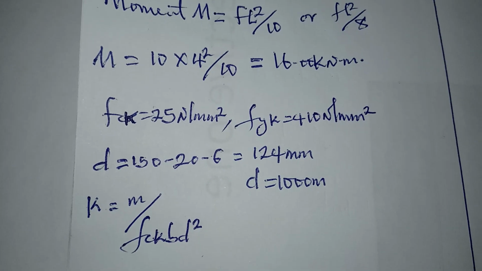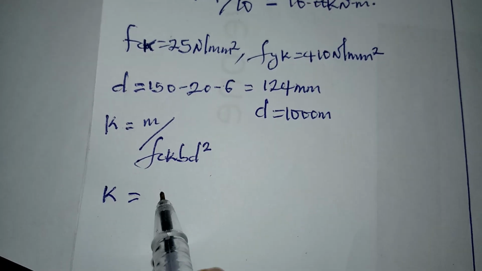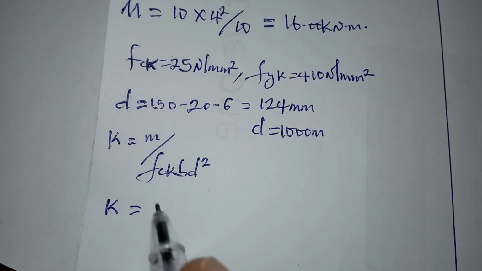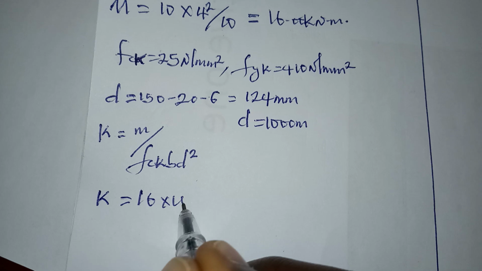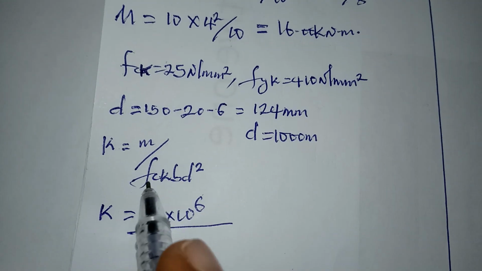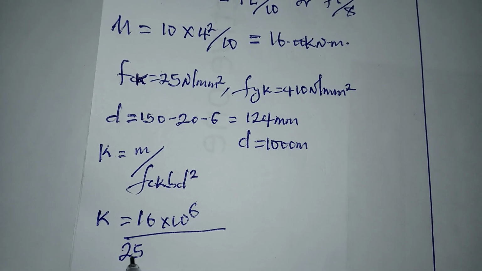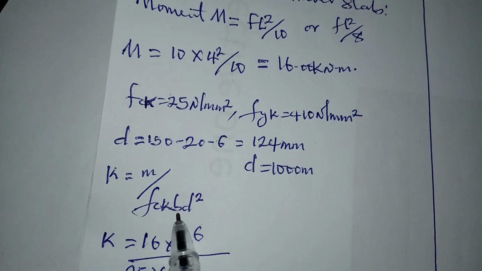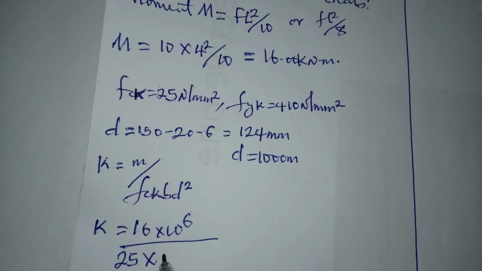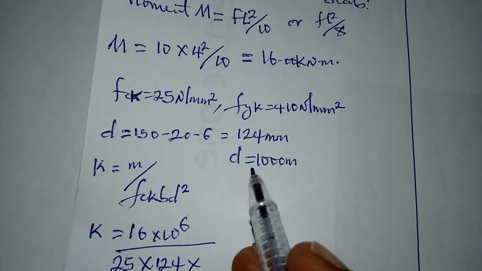So K is equal to our moment, which was 16 times 10 raised to power 6, converting to Newton millimeters, divided by our fck 25, multiplied by our b and d.